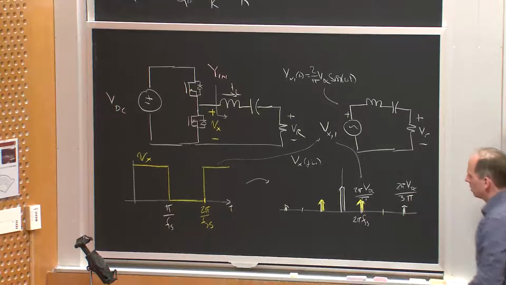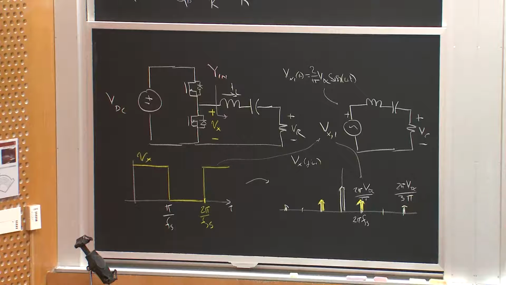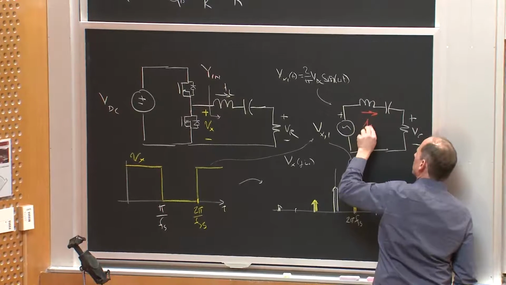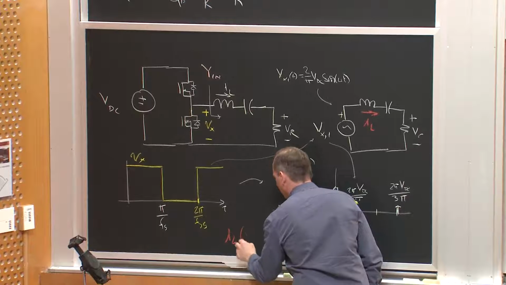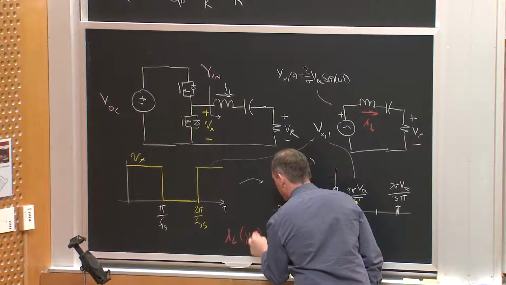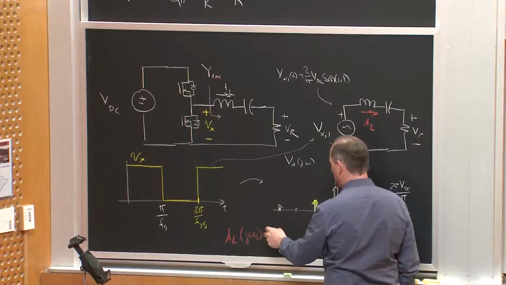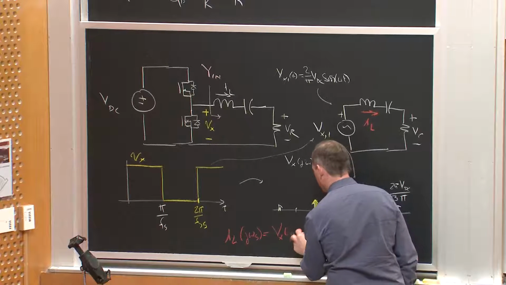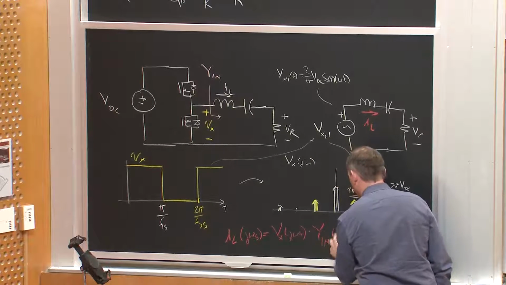And if I look at this, then what am I going to get? I'm going to get a current. Let me call this IL, which is also the resistor current, right? IL of j omega s is simply going to be equal to Vx of j omega s times Yn of j omega s.